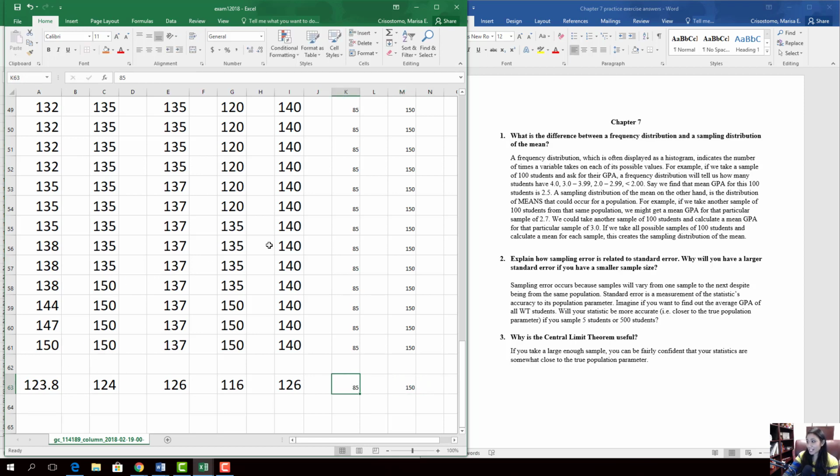And when you're looking at that sampling distribution of the mean, it turns out to be normal. Again, imagine if you are taking every possible sample that you could take from the population.